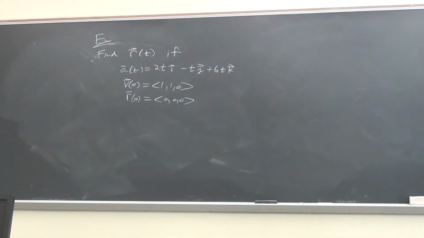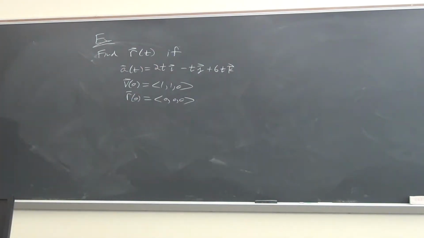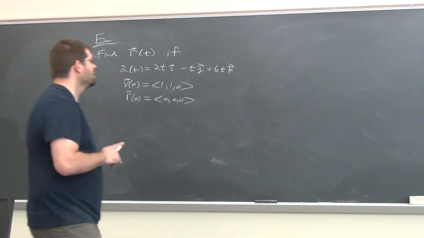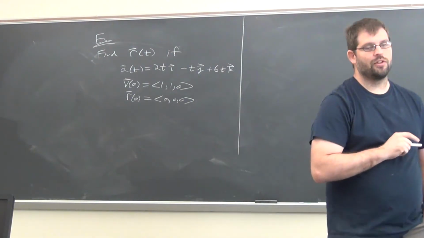Remember back when I said we were going to be interested in integrating functions when it came to position, this is really the first place where the integral of a vector valued function is going to be important.